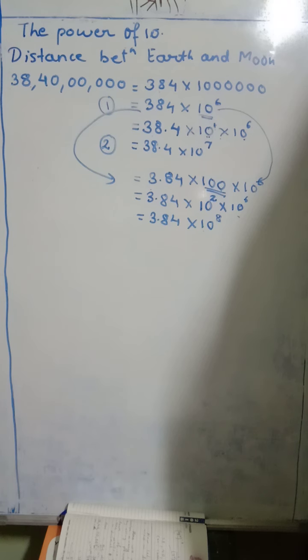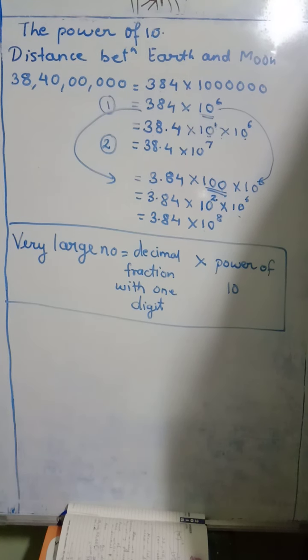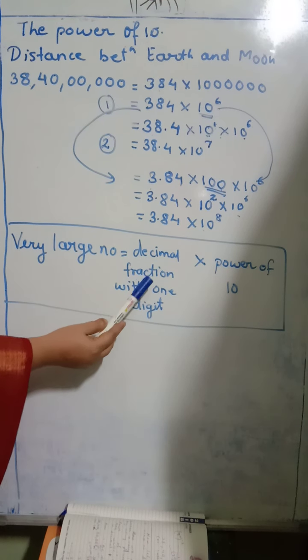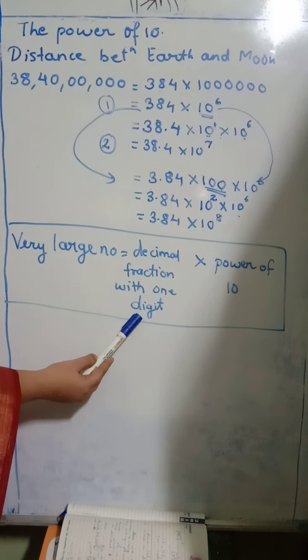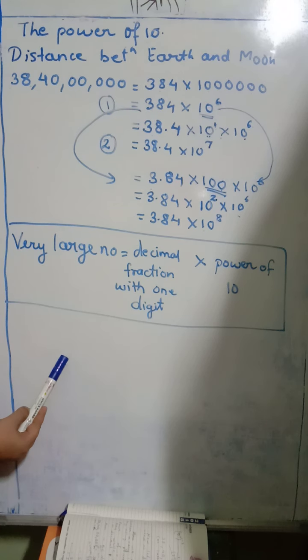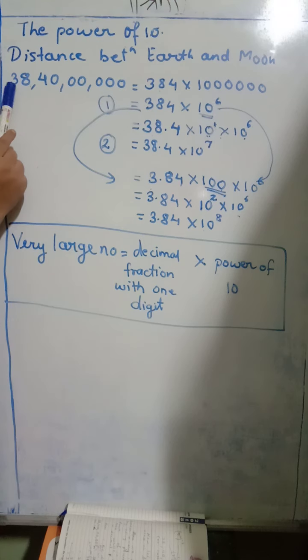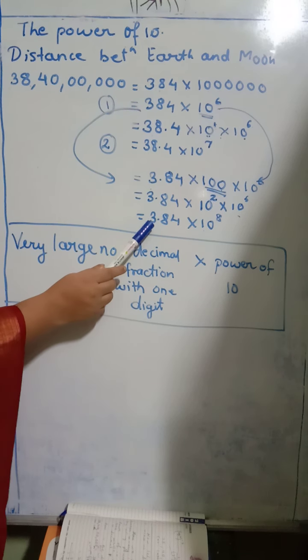Means when we are writing a very large number or a very small number, it is expressed as a decimal fraction with one digit, between 1 and 10. Did I bring this between 1 and 10? It was 38 crore, and I brought it to 3 point something.